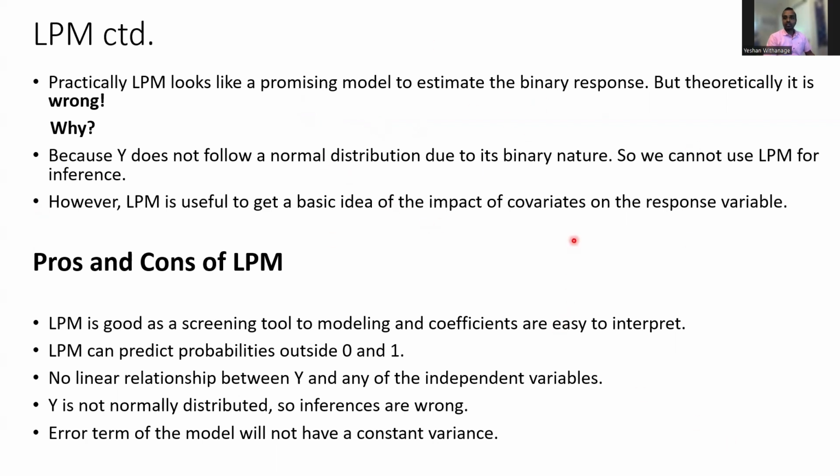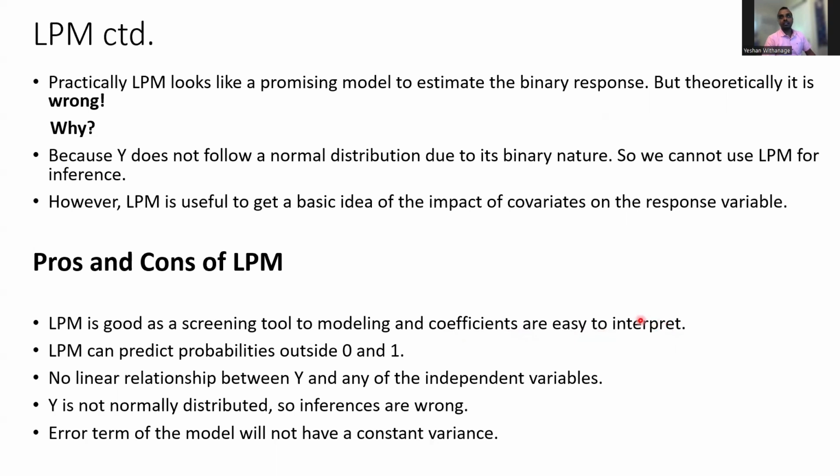So that's why it's not a good model to estimate the probability. But it has good qualities, we would say. For example, this linear probability model is a good screening tool for modeling, and the coefficients are easy to interpret.